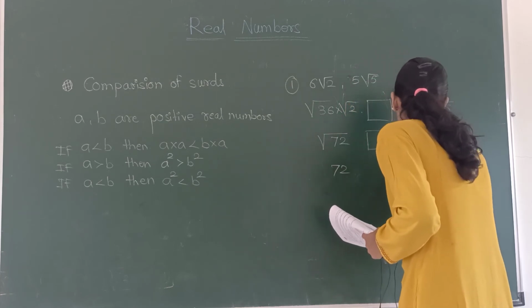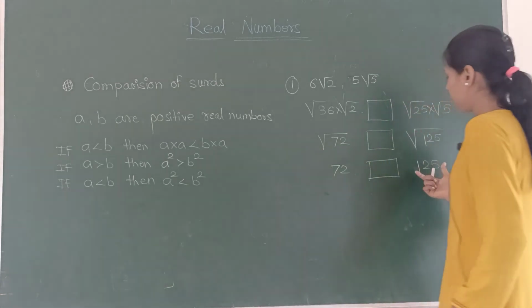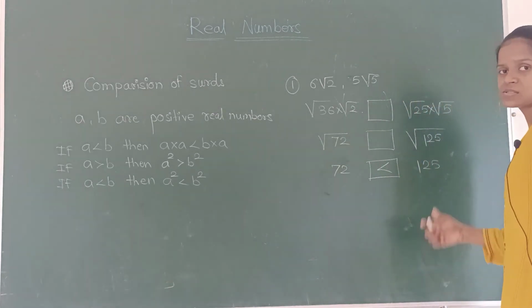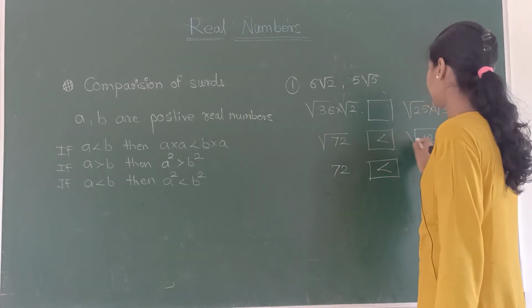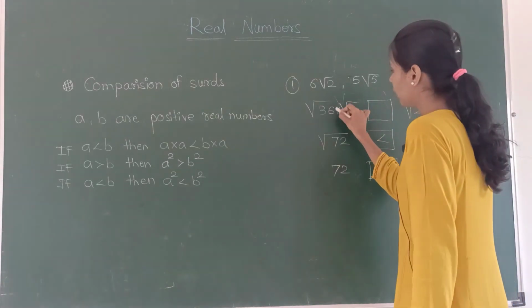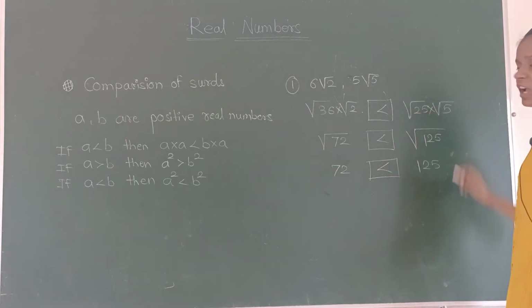But we know 125 is greater than 72. So we can write under root of 72 is less than under root of 125, and under root of 36 into 2 is less than under root of 25 into 5.